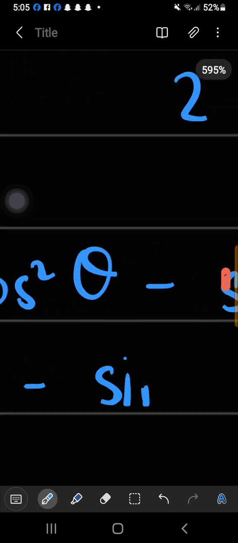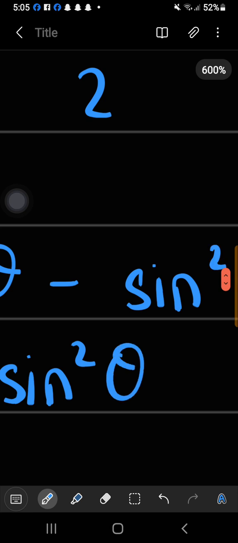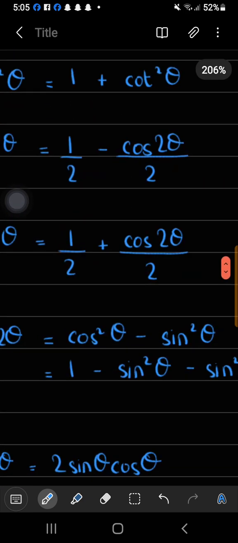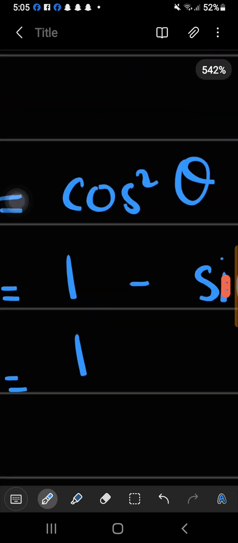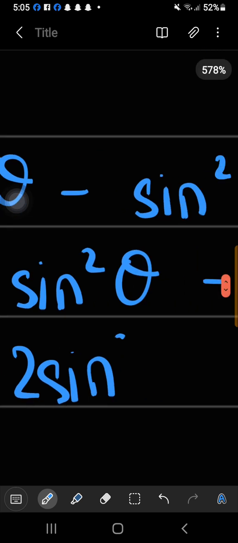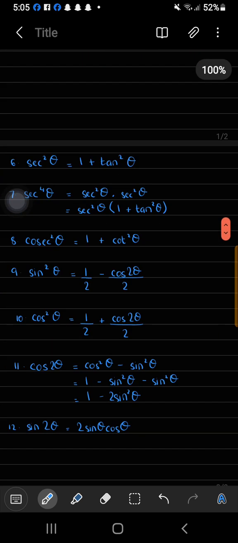Cos square theta can be written as 1 minus sin square theta, and minus sin square theta. So it becomes 1 minus 2 sin square theta. It is more simplified now.